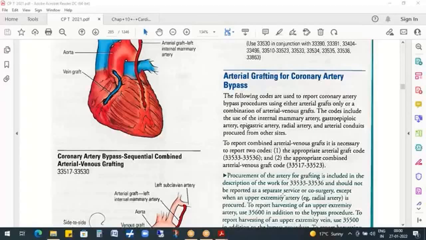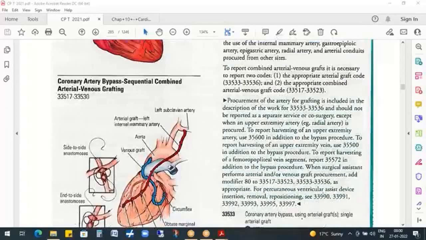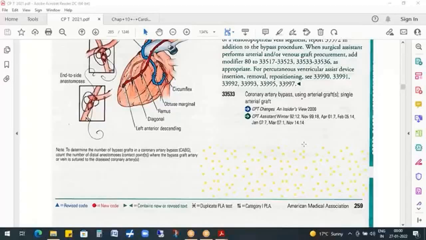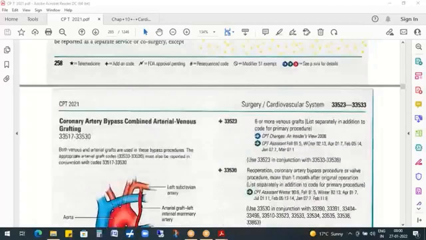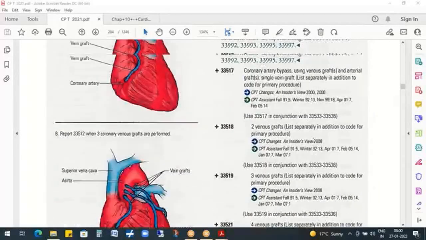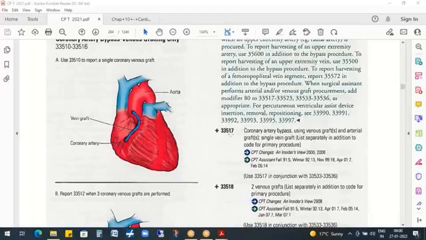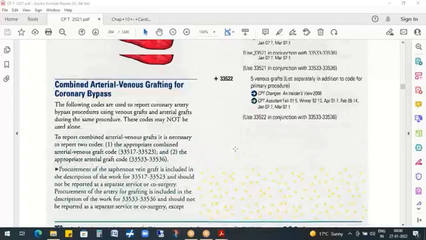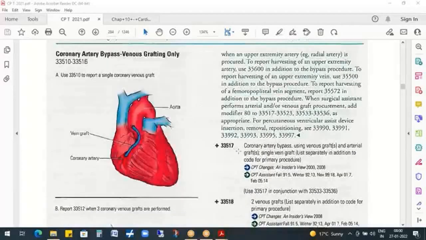Now, the third point, if they use a combination, that means artery and vein for CABG procedure. Now you can see, for arteries we need to use the same code series, but always keep in mind when they are using a combination, for veins you can see 33517 add-on code. 33517 add-on code, page number 258. 258 add-on codes.